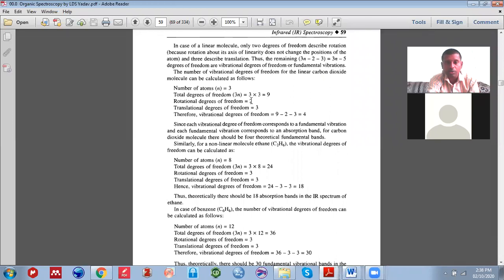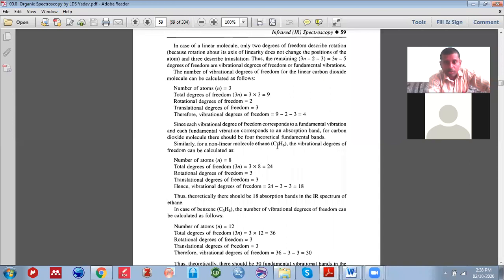Rotational degrees of freedom 2, and translational degrees of freedom 3. So 3n minus 5 is 4. The vibrational degrees of freedom of carbon dioxide is 4: symmetric stretching, asymmetric stretching, and two bending.